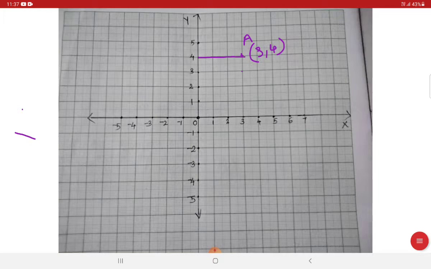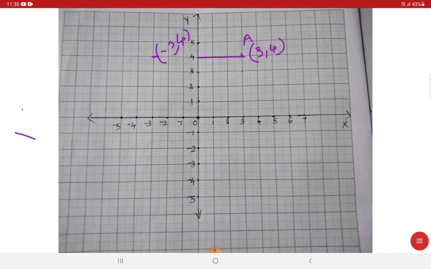This is the mirror image of point A (3, 4) about the y-axis, and its coordinates are (-3, 4).